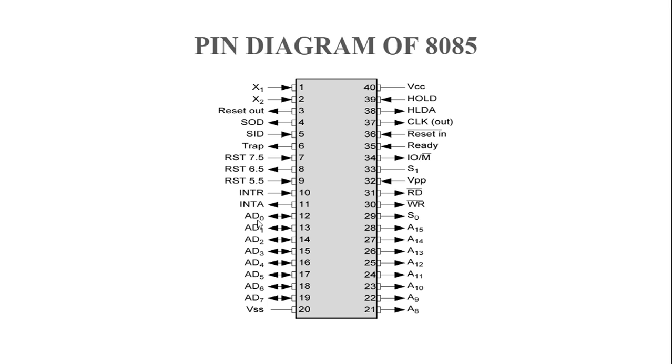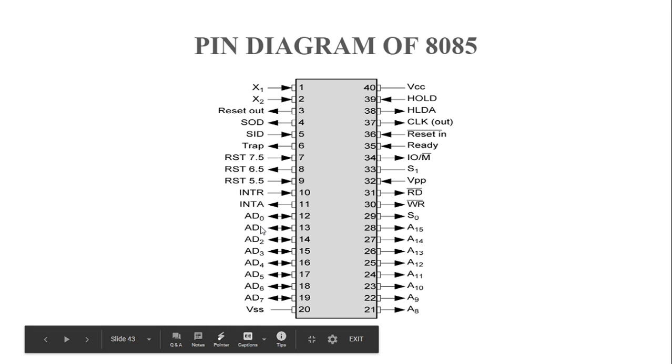These are the time shared pins, which means at one time we are transferring the 8-bit lower address of memory on these pins, while at another time interval we are transferring the 8-bit data on these pins.